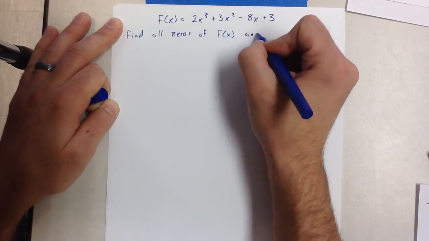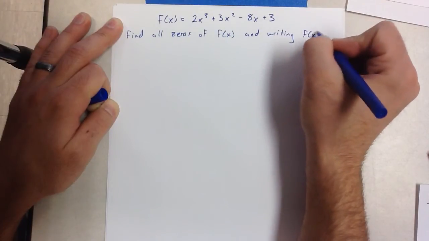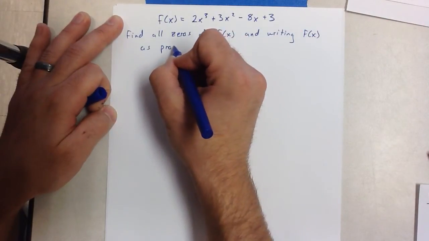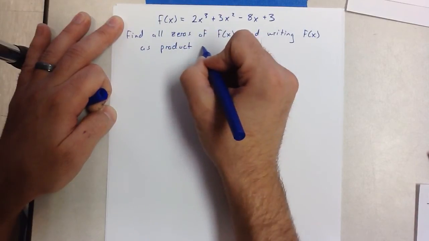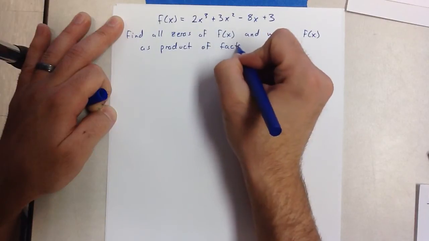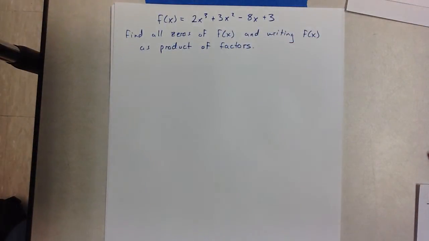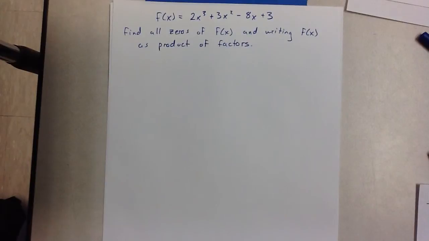and writing f of x as a product of factors. Essentially, we're going to try to write this in factored form. Okay? Are you ready? Let's go.